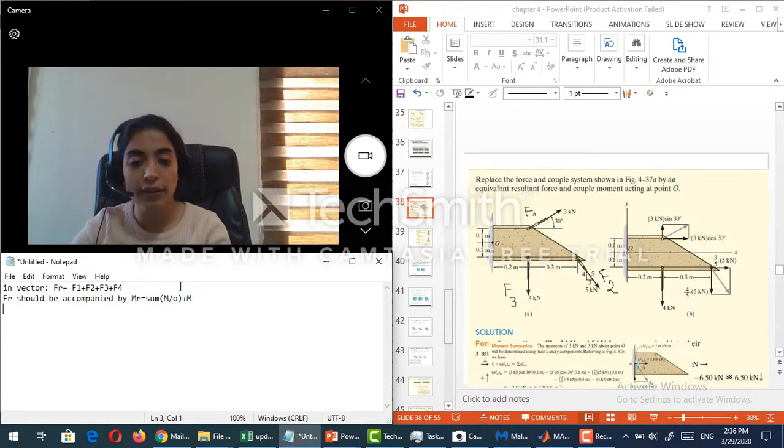Here my point is on O. So basically the steps are, of course, to find first F resultant in vector form and put it on O, and then to find M resultant and put it on O.